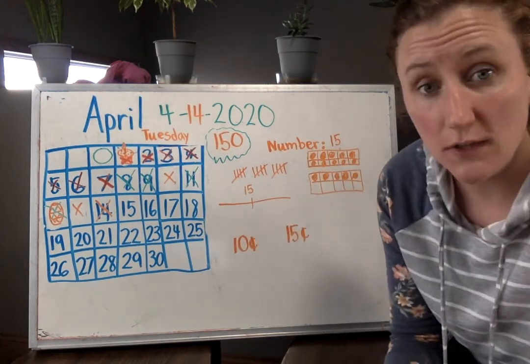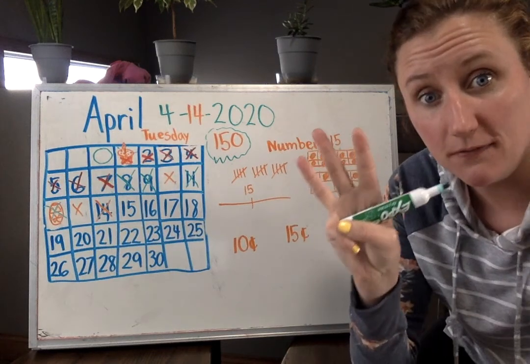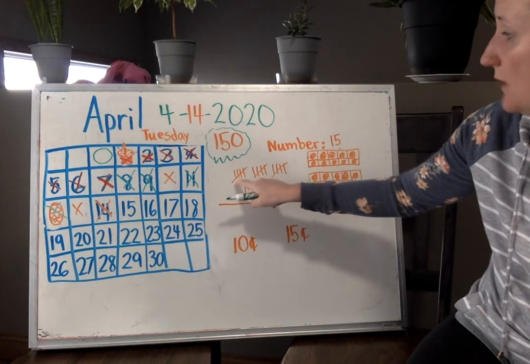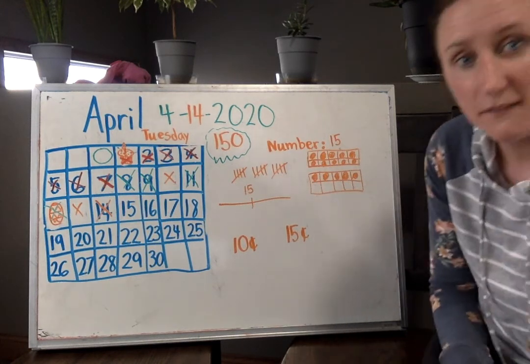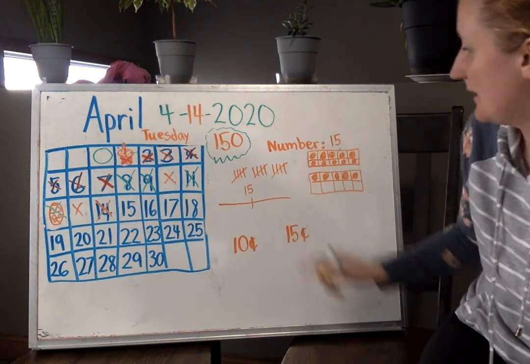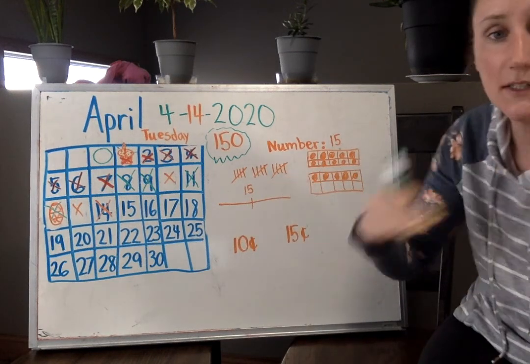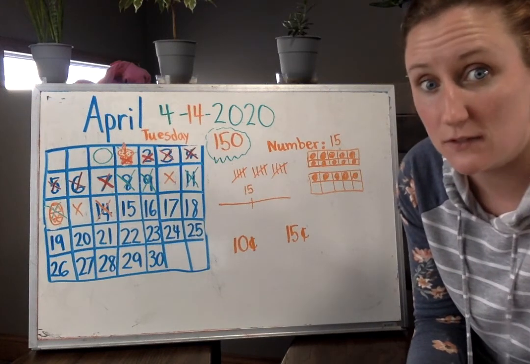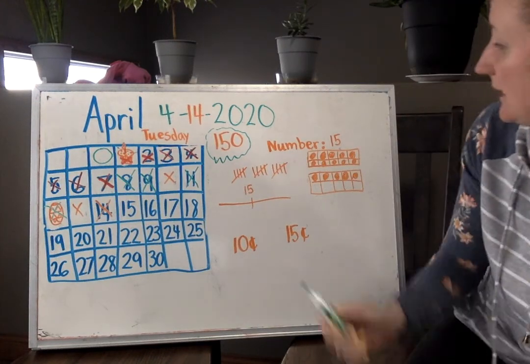So we should know that there are 3 groups of 5 in the number 15. 1, 2, 3, 4, 5. 6, 7, 8, 9, 10. 11, 12, 13, 14, 15. So there are 3 sets of those tally marks for the number 15.